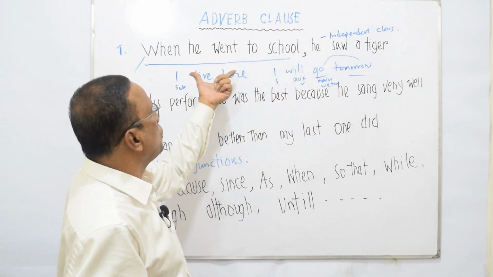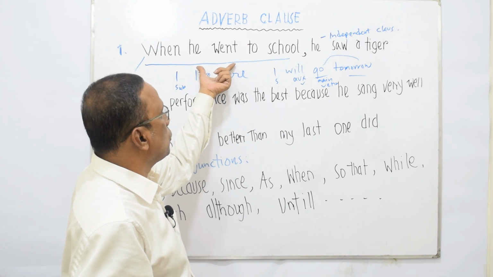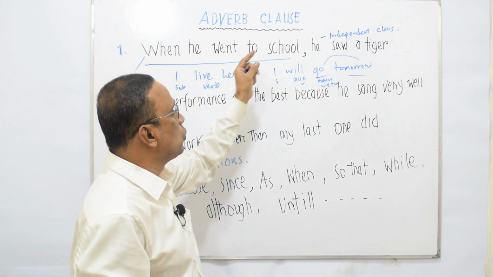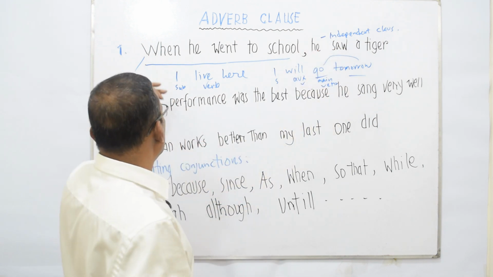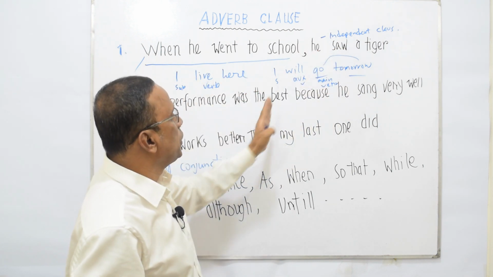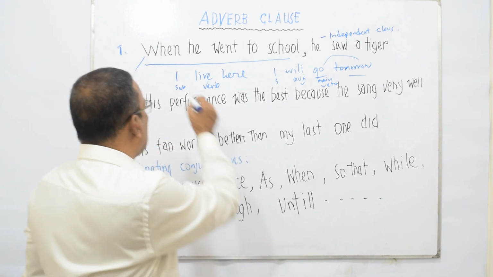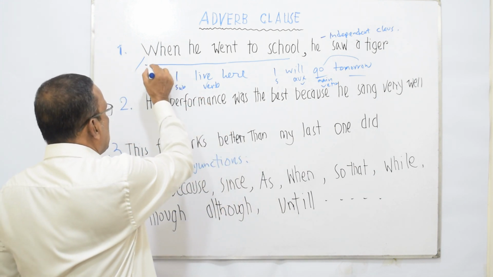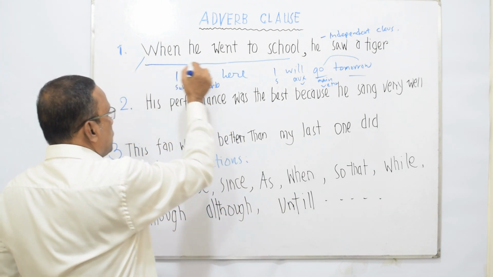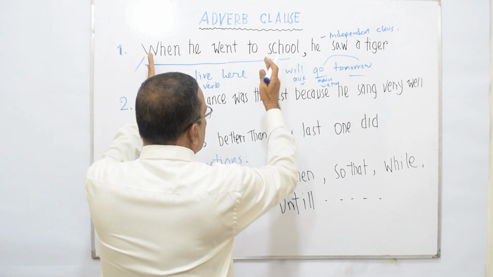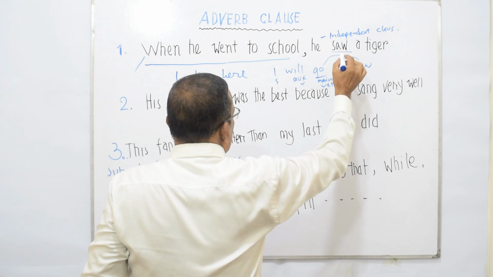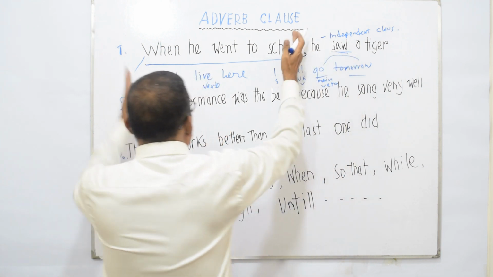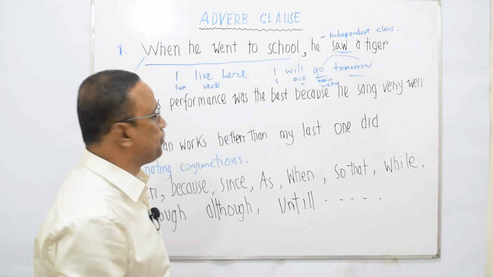This subordinate clause is telling when the action of seeing was done by him. This dependent clause is describing this verb. So describing or modifying this verb, this clause has become an adverb clause.